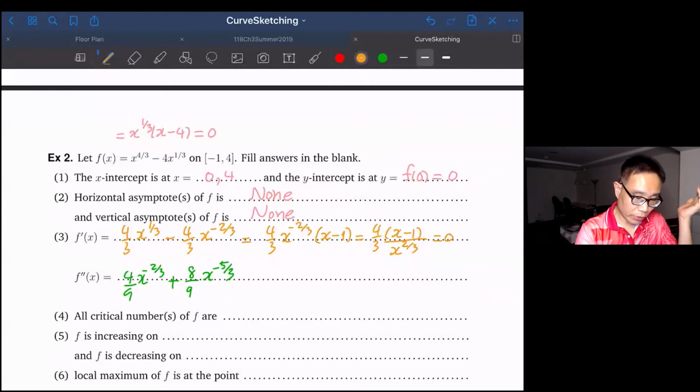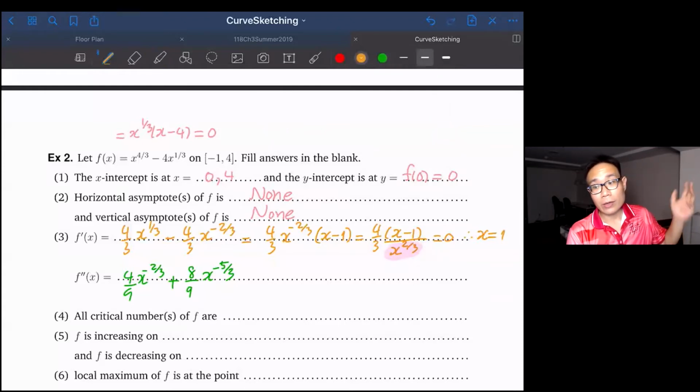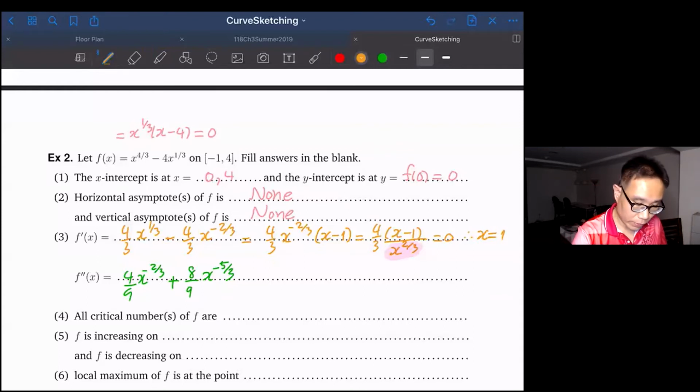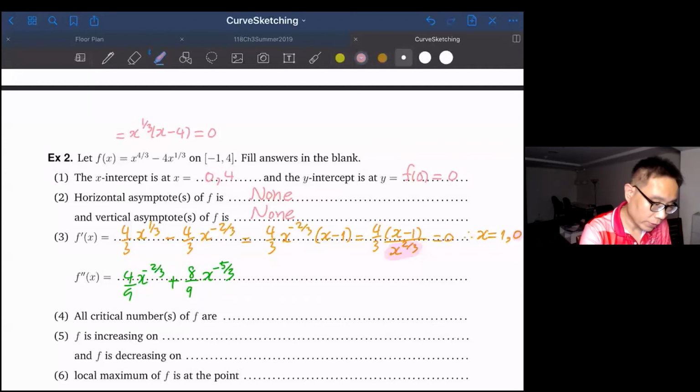So you have x equal to 1, and x equal to 0 is the point where you do not have the derivative. So in this case, you're gonna have two critical numbers, x equal to 1 and 0, and 0 comes from the reason that the derivative does not exist.